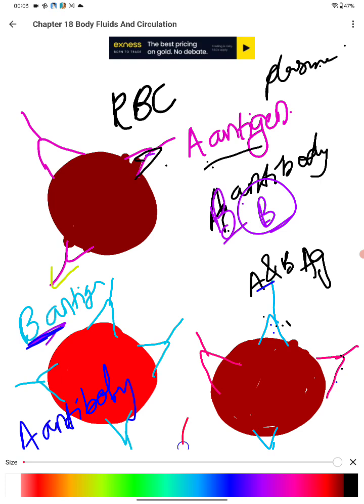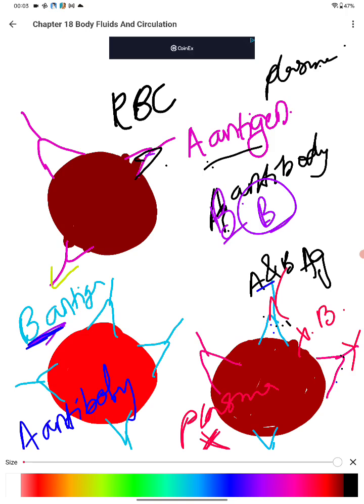Then plasma does not have antibody, because if there is B antibody, it will go and destroy the B antigen, and if there is A antibody, it will destroy the A. The RBC would be destroyed in that person. So for that person, there is no antibody in the plasma.